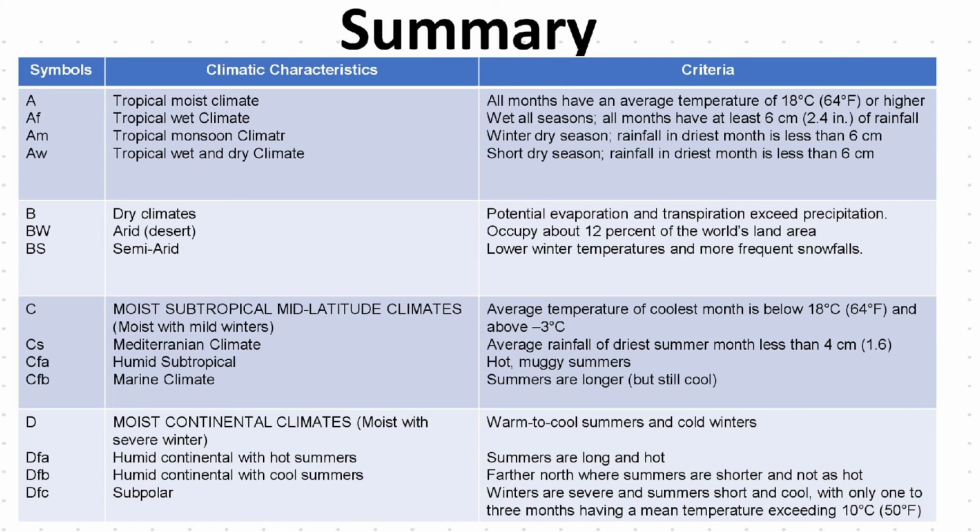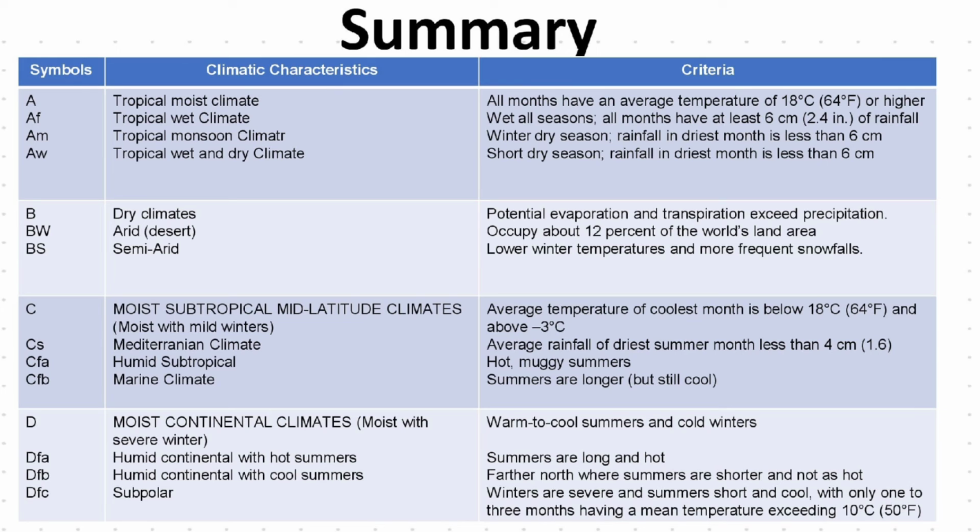It has average rainfall of the driest summer month less than 4 centimeters or 1.6 inches. And the second one is CF, the humid subtropical, which has hot, muggy summers. Then the CFB, which is the marine climate, where summers are longer but still cool.